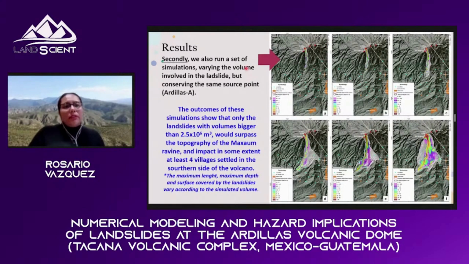But on a second set of simulations, we obtained these maps where we can observe that, keeping the same source point but varying the input volume from the smallest volume, which was 100,000 cubic meters, up to 25 million cubic meters, the results vary a lot.